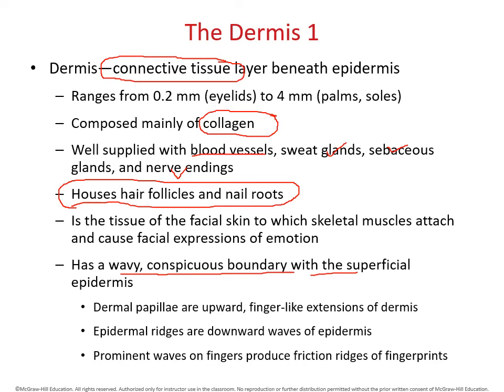In fact, if you've ever had a blister, that is when liquid collects between the epidermis and the dermis layer. And then something else I want to point out to you. If you cut yourself and you start bleeding, the reason you're bleeding is because the cut was deep enough that it made it through the epidermis and the dermis.